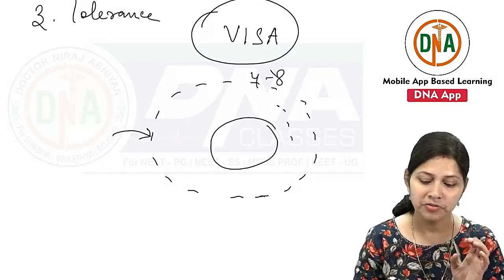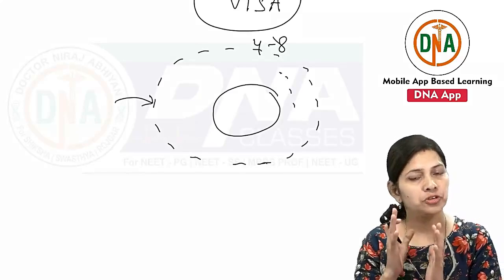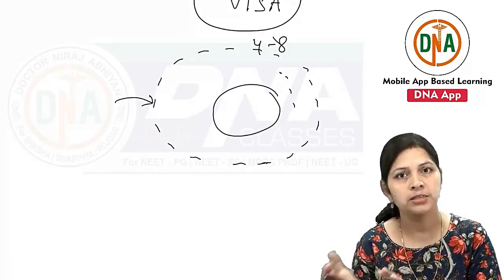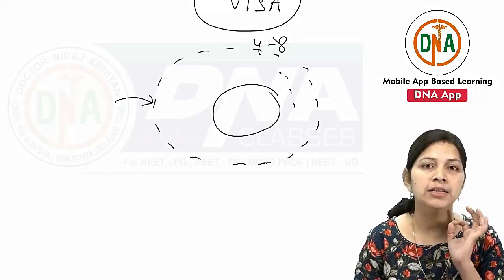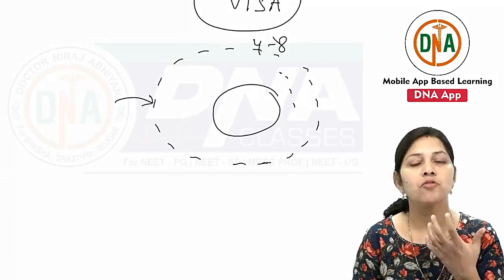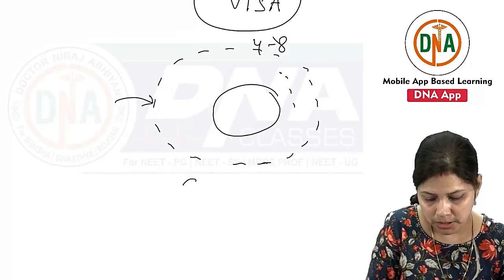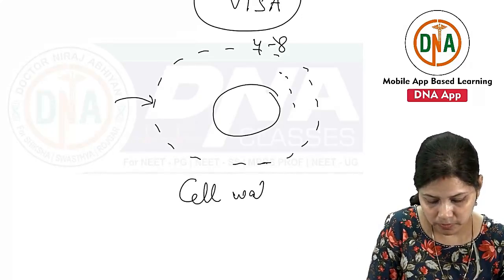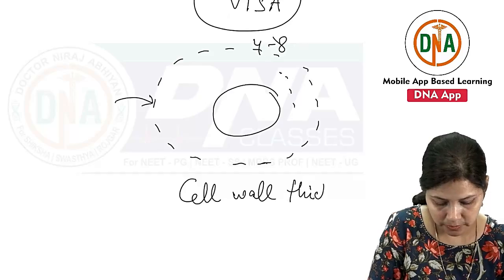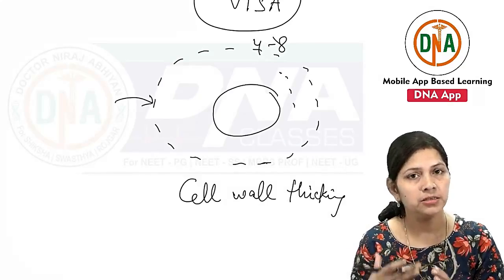Okay, so again this is a very important area from where the question can be asked, and it is asked nowadays. VISA, the underlying mechanism, it is not the VAN-A gene, it is the cell wall thickening. Not VAN-A mediated strains.